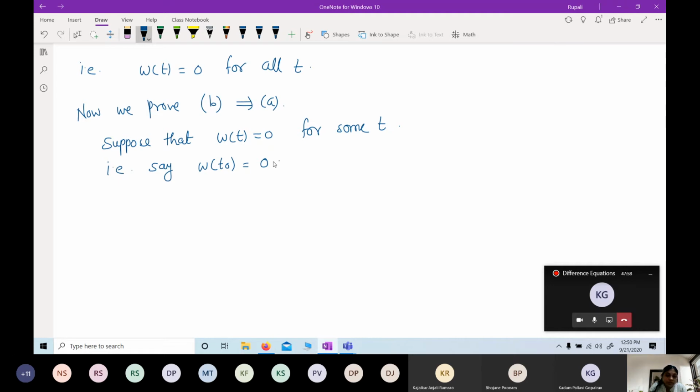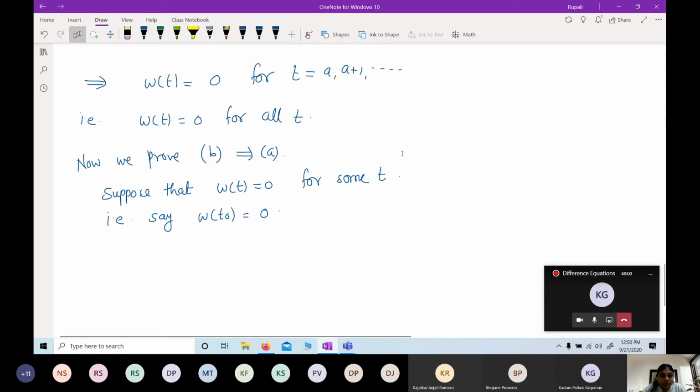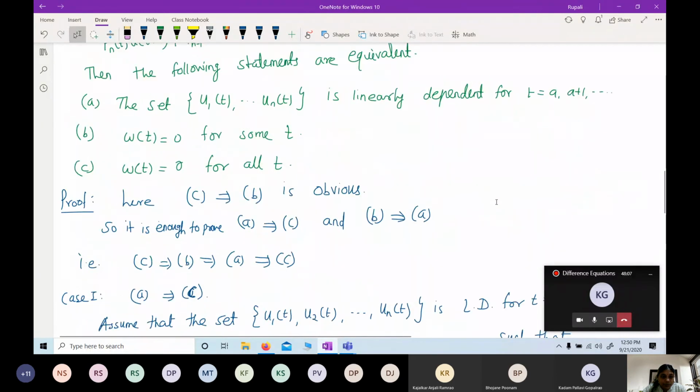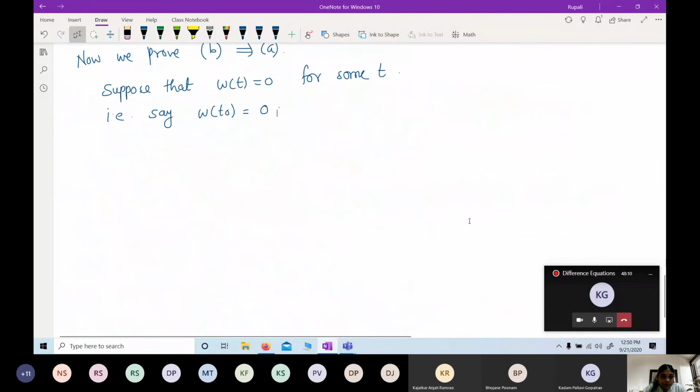Then what do we want to prove? We want to prove A: that the set is linearly dependent.